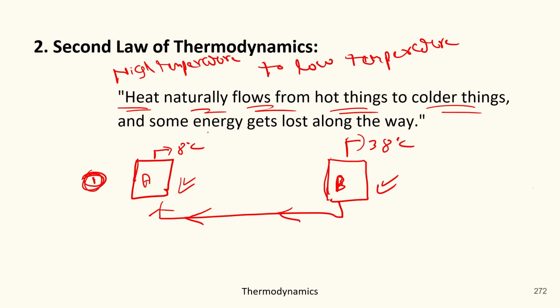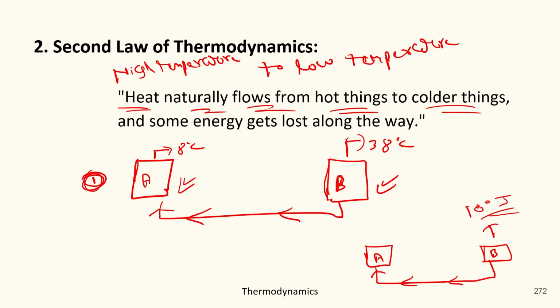Got it? But what about the second? So let's understand the second phenomenon. Suppose B carries heat of 100 Joules, just for example. And because it is a hotter body, the flow will be from B to A.